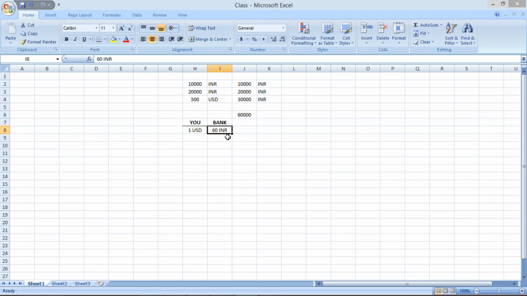In the sense, I will pay you only 60 Indian rupees for 1 USD. So the bank is buying this currency at 60 rupees per US currency.